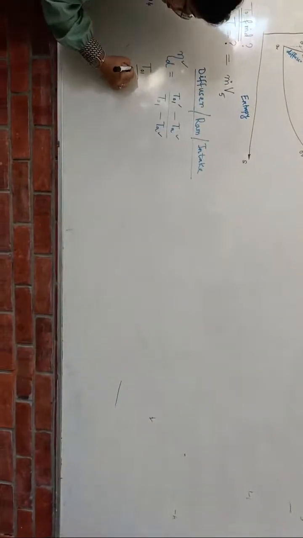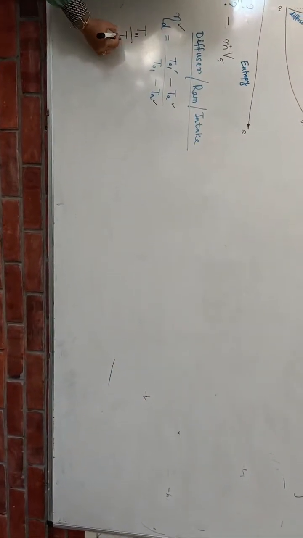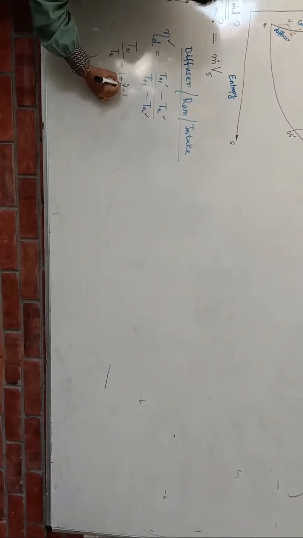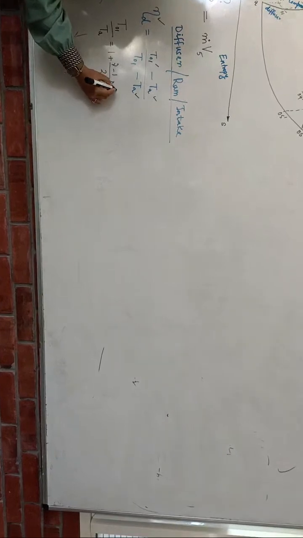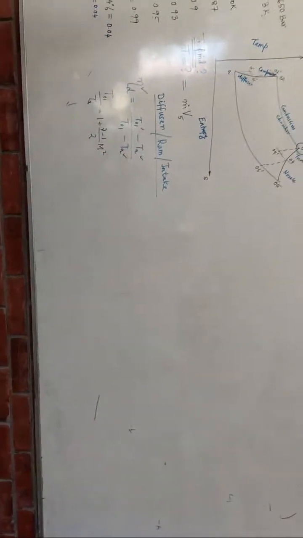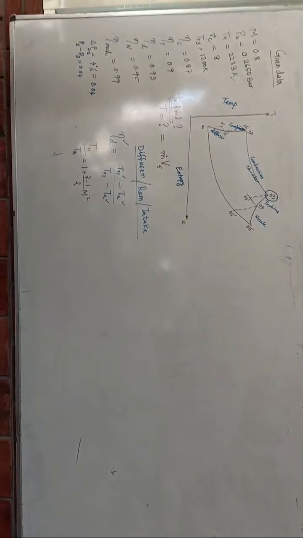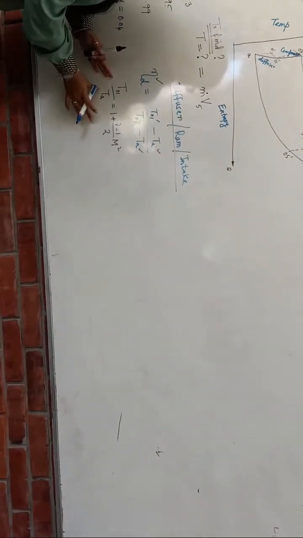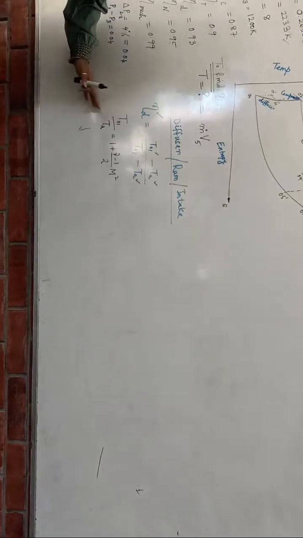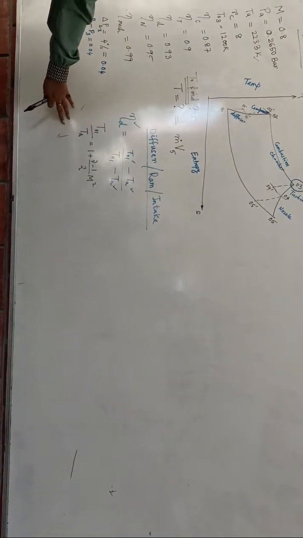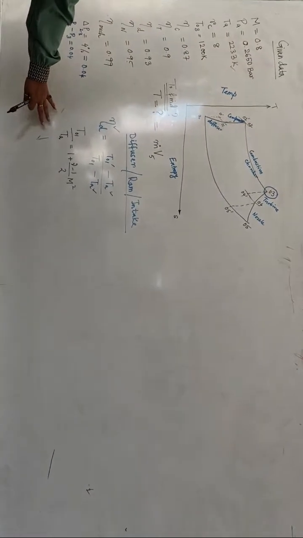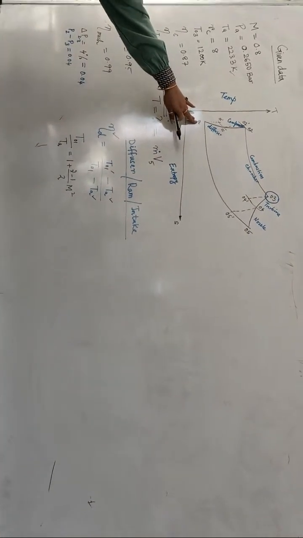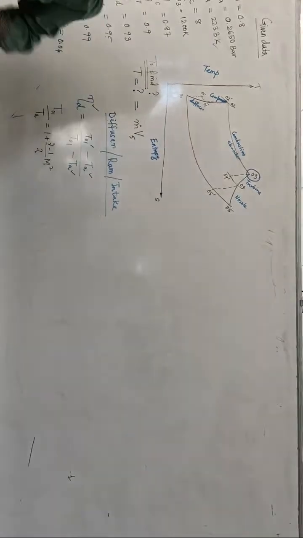There is another relation, T01 by TA equals 1 plus (gamma minus 1) by 2 M squared. As I said in previous numericals, this total-to-static isentropic relation will be utilized in two conditions, one in the diffuser, one in the nozzle.